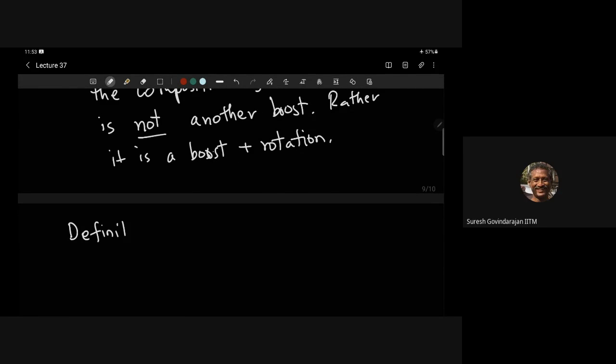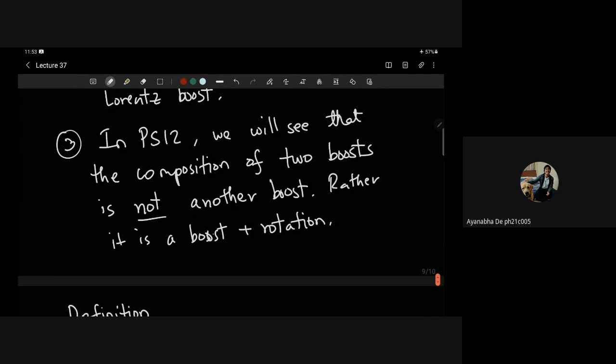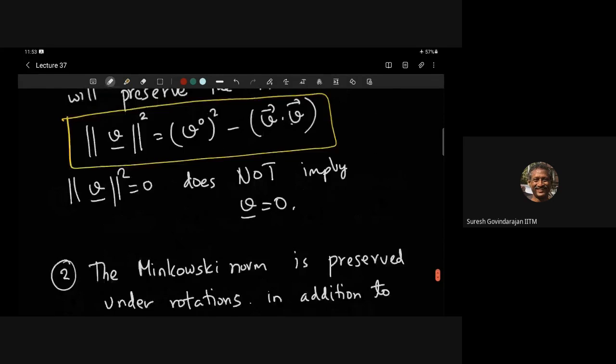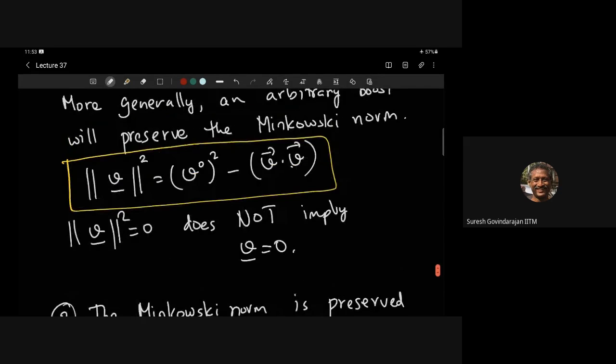Hello, sir. Yeah, go ahead. Can you please repeat again how you said Minkowski norm is scalar under rotations? Yeah, I'm saying under rotations the Minkowski norm is preserved. So under rotations, V will go to V prime and V0 will go to itself.